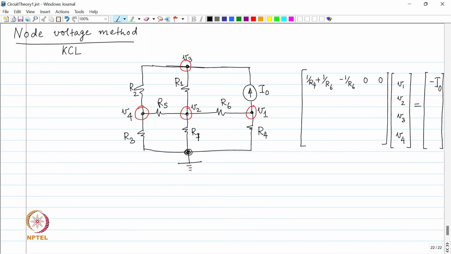When I go to V 2, I see that V 2 minus V 1 by R 6 plus V 2 minus V 3 by R 1 plus V 2 minus V 4 by R 5 plus V 2 by R 7 is equal to 0.